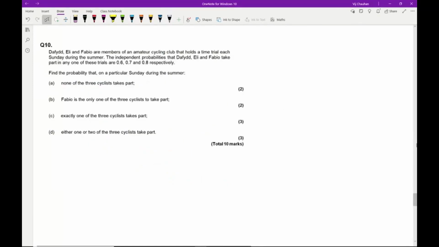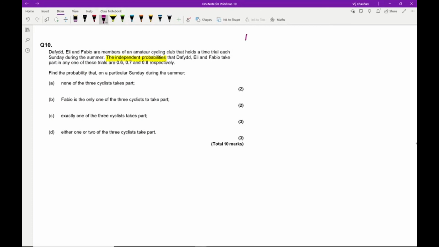Now looking at question 10, which focuses on probability, the key thing we note here is that this involves independent probabilities. So it's really important that you read the question carefully and you know which probability applies to which. So here, excuse my Welsh on this one, it says David, Eli and Fabio are members of an amateur cycling club that holds a time trial each Sunday during the summer. The independent probabilities that David, Eli and Fabio take part in one of these trials is 0.6, 0.7 and 0.8 respectively.